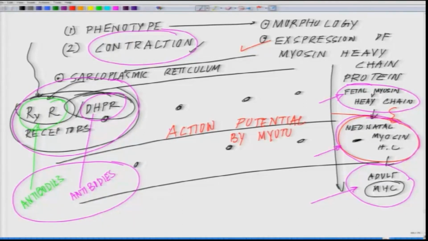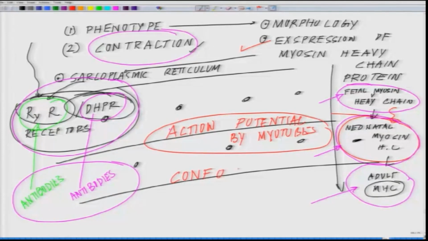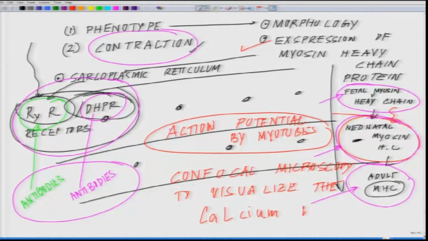And the next characterization, which will be very important, whether you are successful or not, is that you should be able to use confocal microscopy to visualize the calcium wave or the spike.